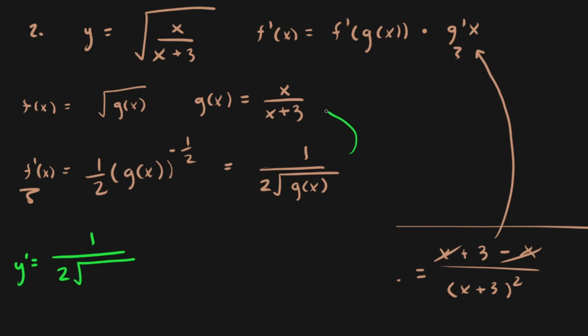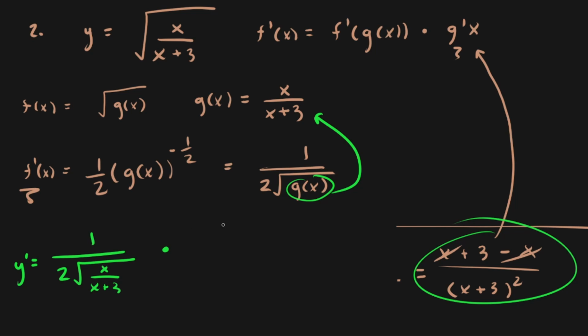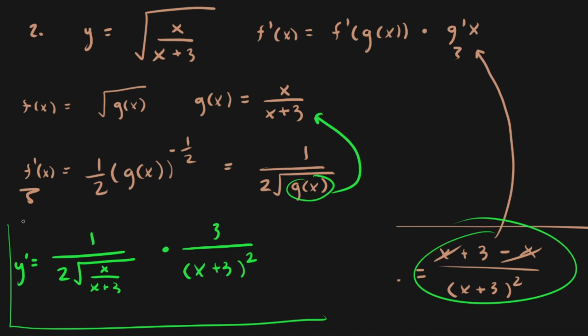G of x is just x over x plus 3. And multiply it by g prime of x, which we got using the quotient rule, so we multiply by 3 over x plus 3 squared. That should be our final answer. This is the derivative of the square root of x over x plus 3.